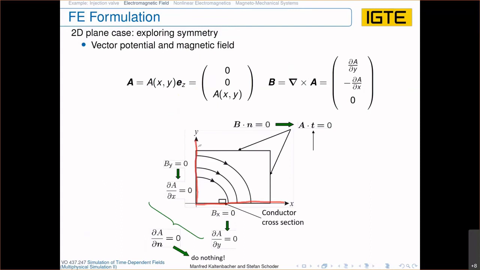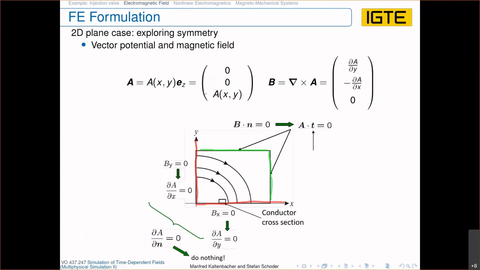So along our outer boundary, we have no problem. As we know, B dot n should be 0, or A dot the tangential vector should be 0, well, then it is easy.